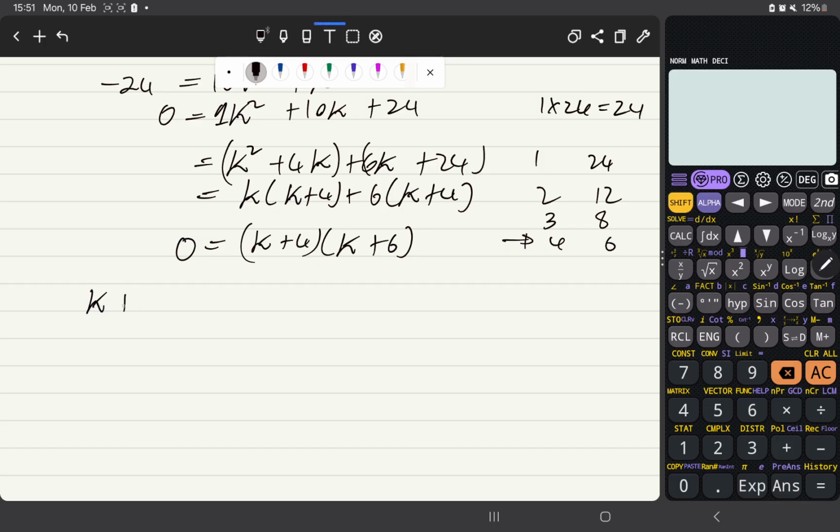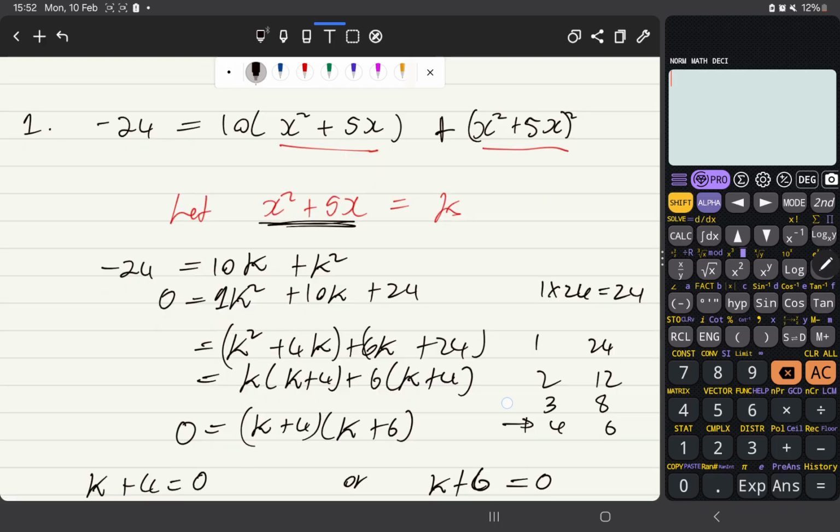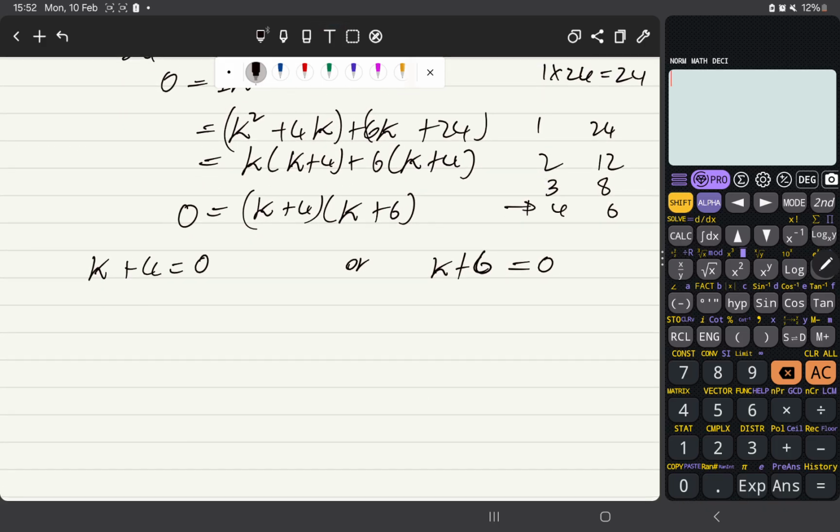So you still have your 0 here, so you can say k plus 4 equals 0, or k plus 6 equals 0. So we can say therefore k equals minus 4, and k equals minus 6. But remember, we still have to solve for x, not for k. So right here, I can substitute my k's.